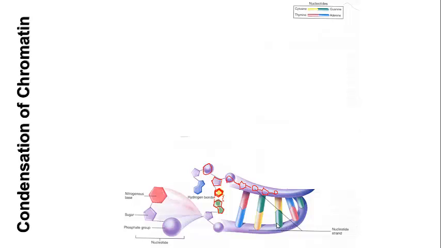More specifically, the pyrimidine cytosine is only complementarily base paired with the purine guanine, all right, and then the pyrimidine thymine is only complementarily base paired with the purine adenine, right?